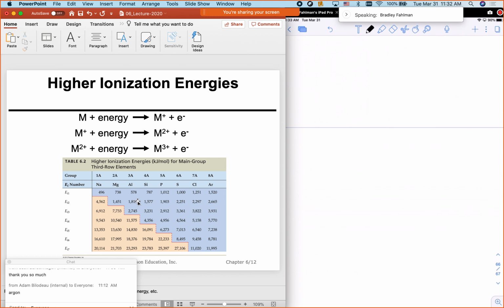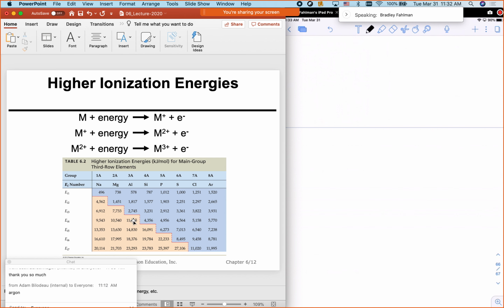Then it goes to 1800, then 2700. But then it goes to a value that's just crazy high. From 2700, it takes almost 12,000 kilojoules to remove that fourth electron. So it's saying, good luck ever trying to remove 4 electrons from aluminum.